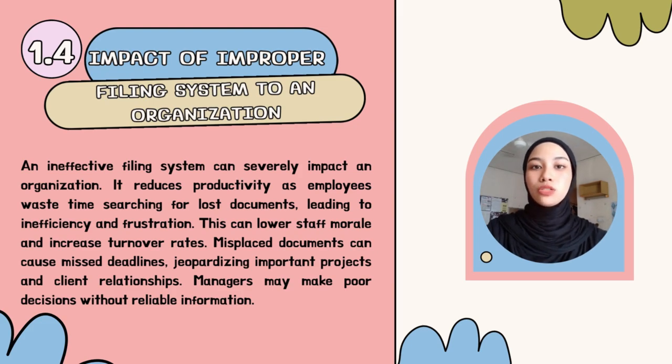Poor file management also hampers managers and executives, leading to errors. Legal issues can arise from non-compliance with regulatory standards, and data security can be compromised, resulting in unauthorized access and potential data breaches. These problems can damage the organization's reputation and erode customer trust.